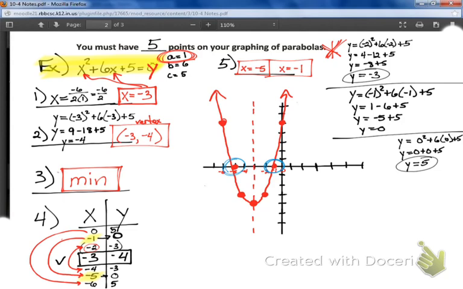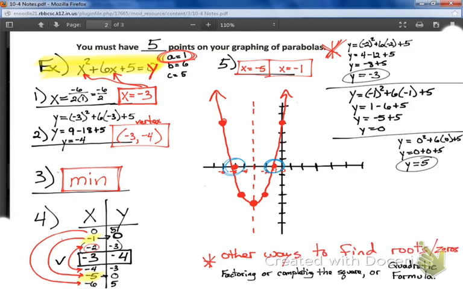Now, there's actually a lot to say about those solutions, because what happens when the parabola doesn't cross the x-axis? Or what happens if it doesn't cross at a nice whole number? Or are there other ways to find the answers? Yes, and I want you to add this down here: the other ways to find the roots or the zeros of a quadratic.